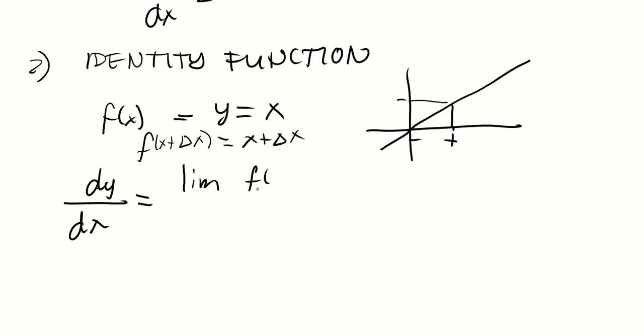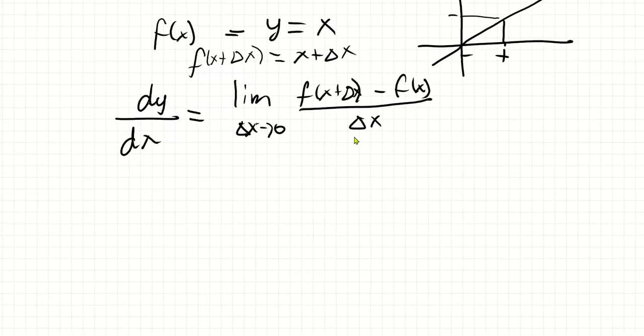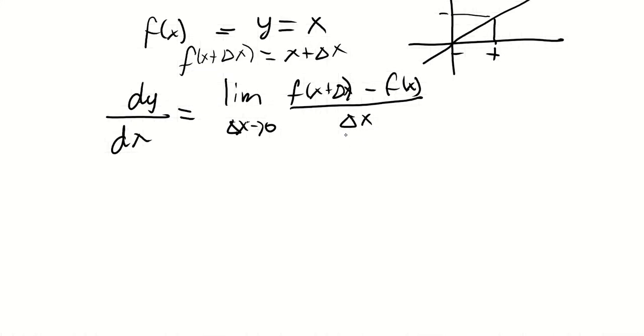So this will be f of x plus delta x minus f of x, all over delta x, as delta x approaches 0. If we substitute now, this will be equal to the limit of x plus delta x, which is our f of x plus delta x, then we subtract f of x, which is equal to x, all over delta x, as delta x approaches 0.